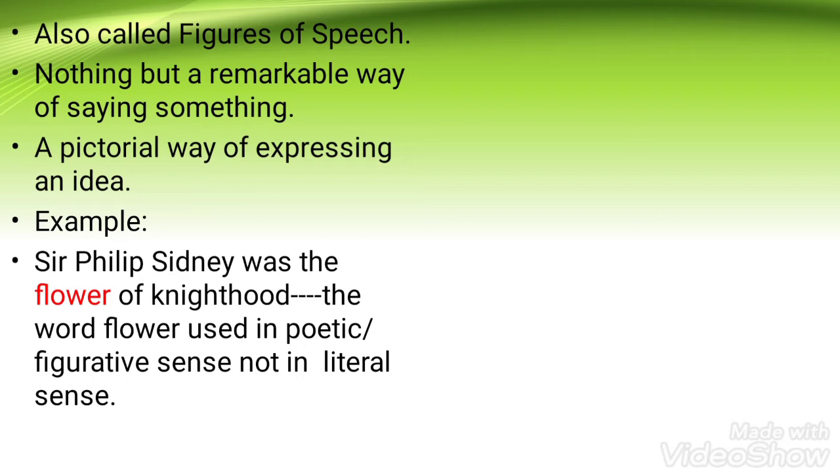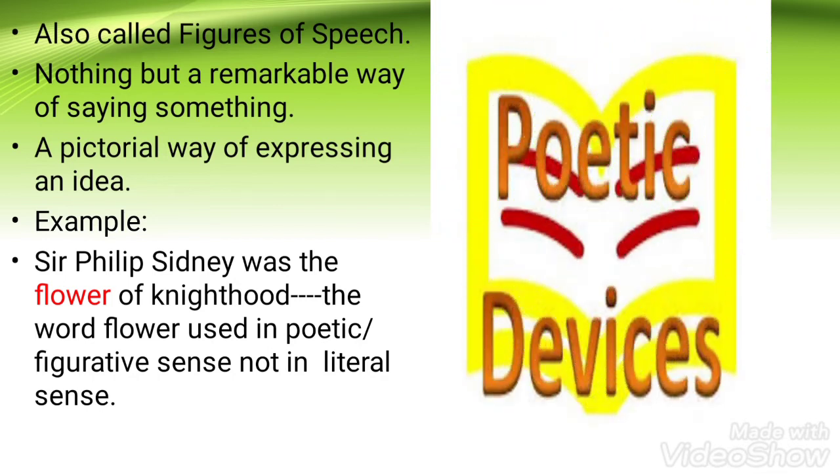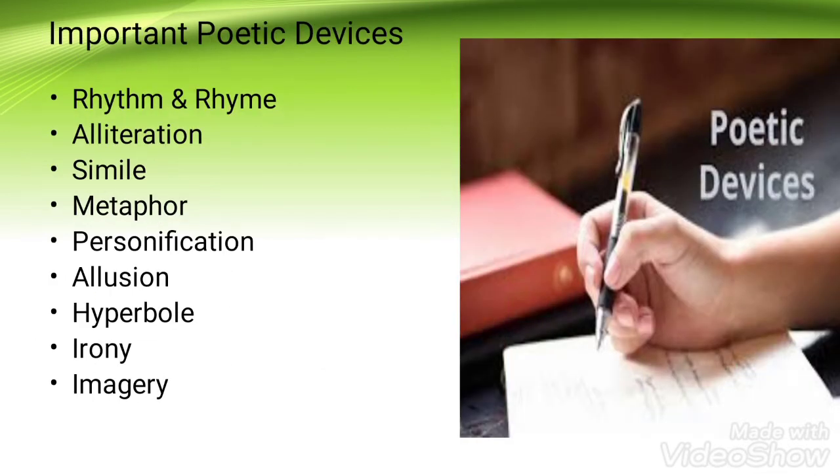Now let's talk about types of figures of speech. Under poetic devices we have so many poetic devices or figures of speech, as you can see on the slide also.